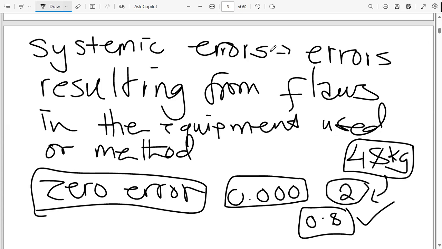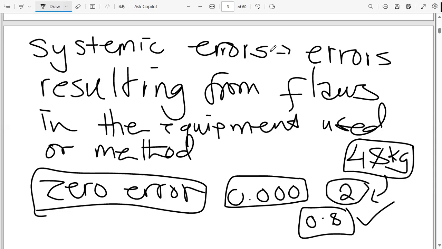So this zero error is an example of a systemic error, because it is resulting from a fault that is in the equipment that you are using. It's not actually you, but the system itself, or the method that you've used to come up with that measurement. So it is being termed as a systemic error.